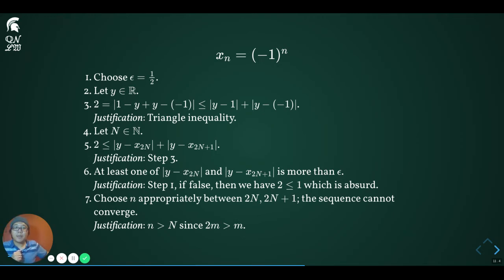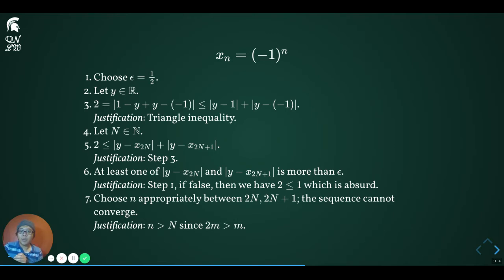Now, let capital M be arbitrary. Remember that we need to allow this in order to prove that the sequence diverges. Consider the indices twice capital N and twice capital N plus 1. The first is an even number, and the latter is odd. So the terms of our sequence corresponding to the two indices are +1 and -1, respectively.